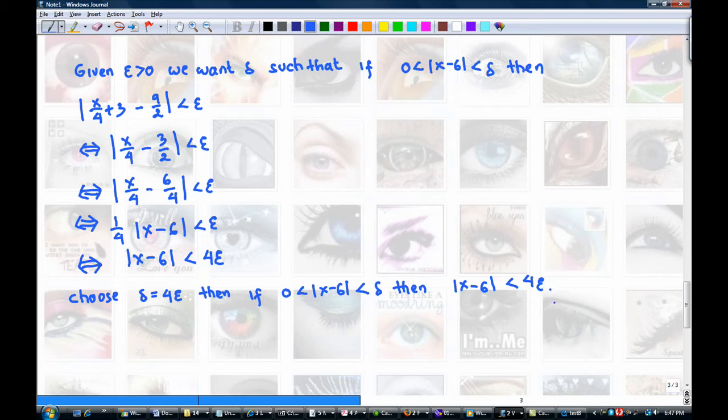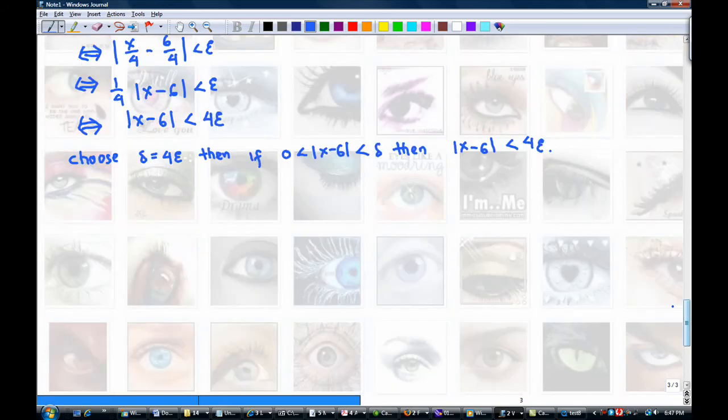Or if you want to write a more careful presentation, then this previous analysis need not be written. So you start from here, choose delta equals 4 epsilon.